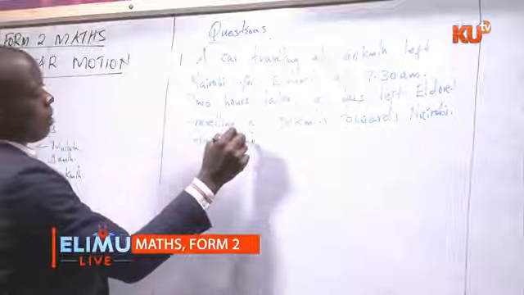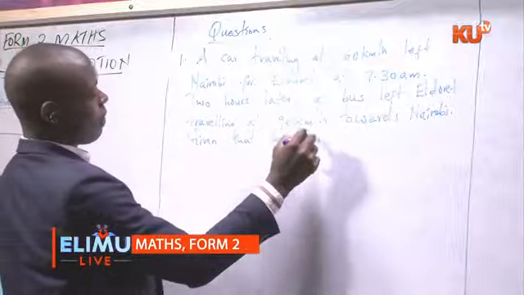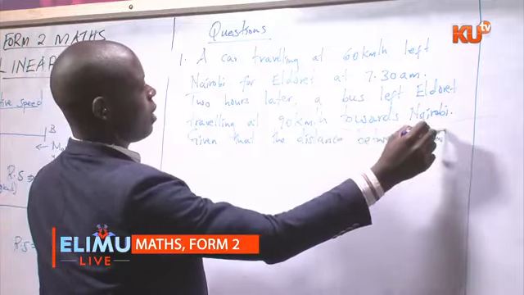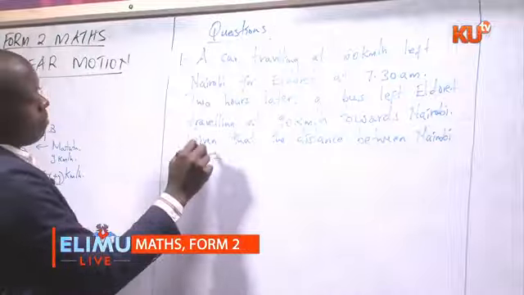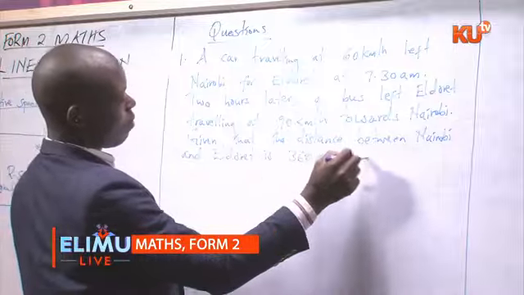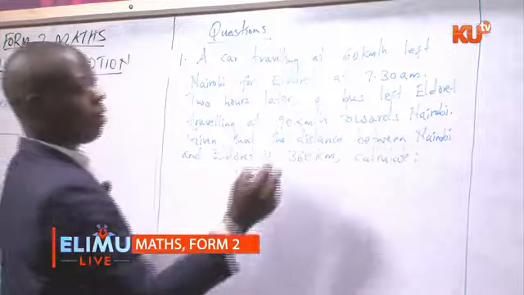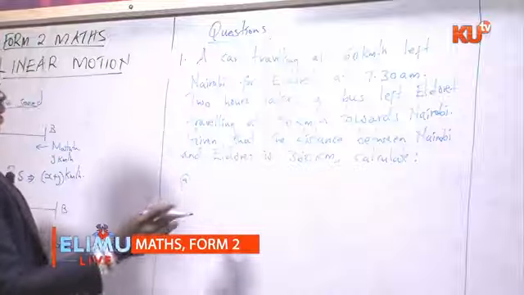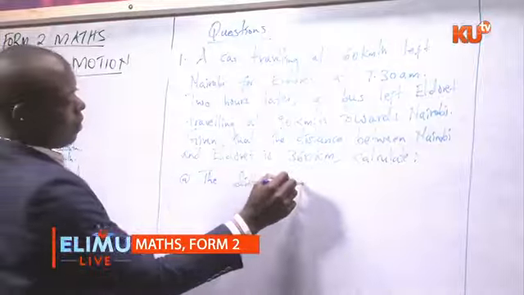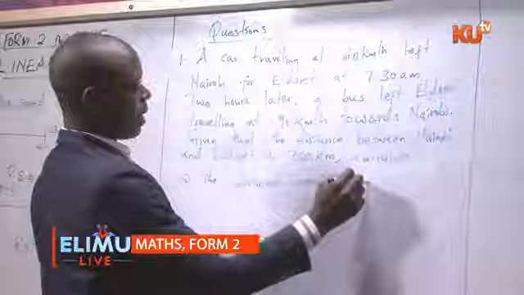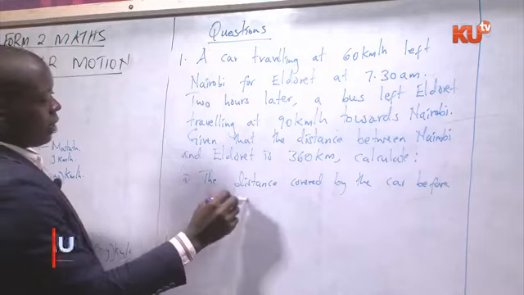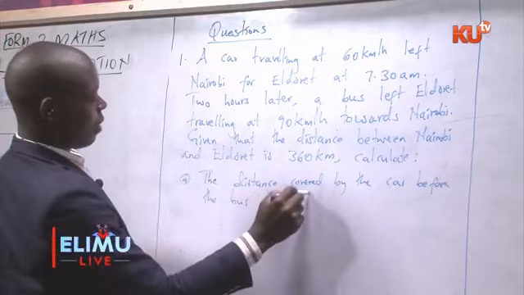Given that the distance between Nairobi and Eldoret is 360 kilometers, calculate: part A, the distance covered by the car before the bus left Eldoret.